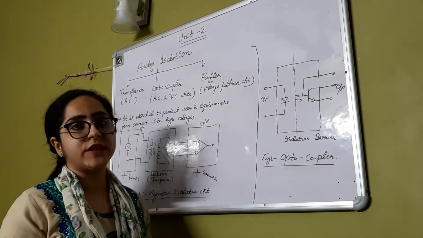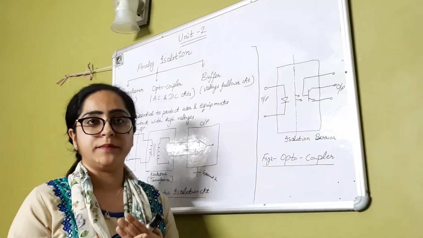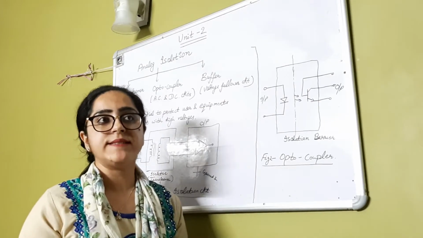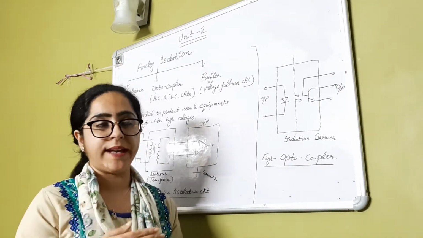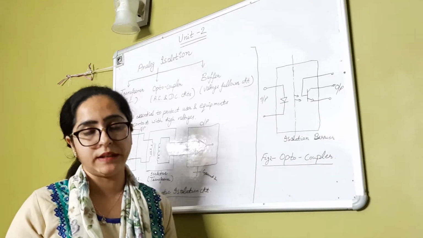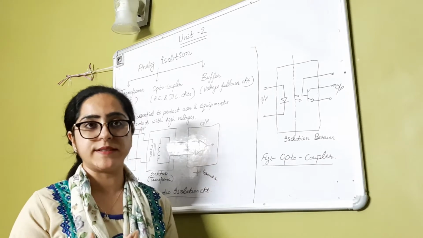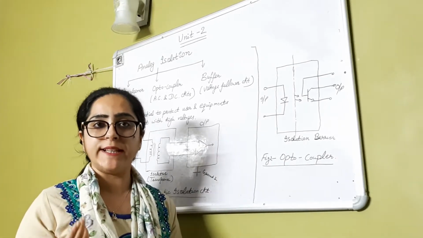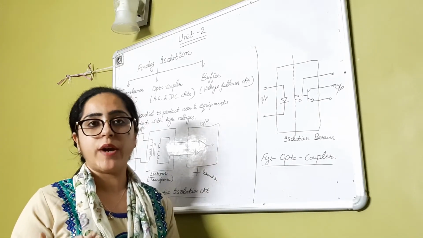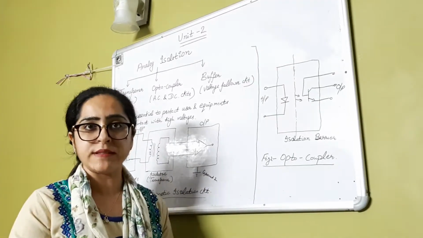Analog isolation is basically used in a DAQ system for many applications, like in medical instruments. In medical instruments, it is basically used to monitor the health of the patient or to analyze certain tests through those instruments.